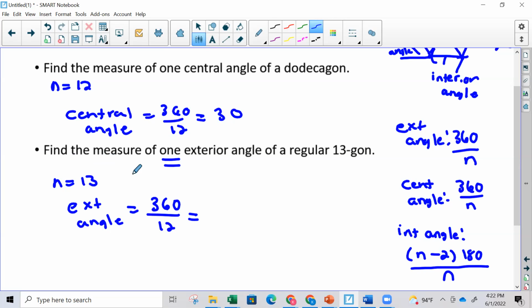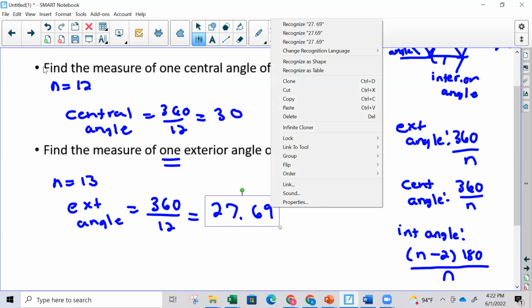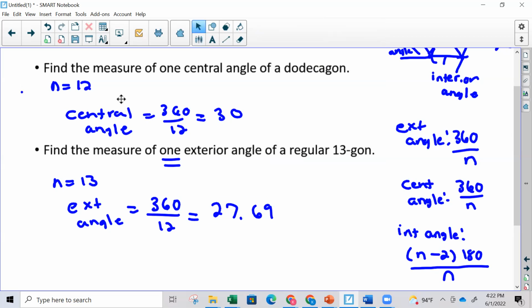And that is, we'll do 2 decimal places, 26.69. So that's an example of a central and an exterior.